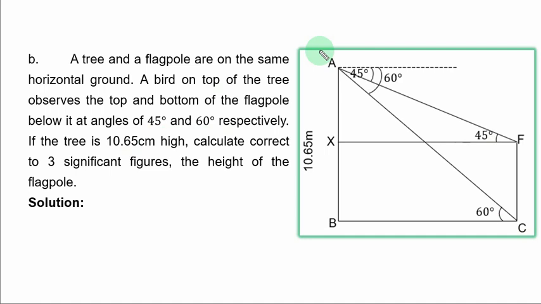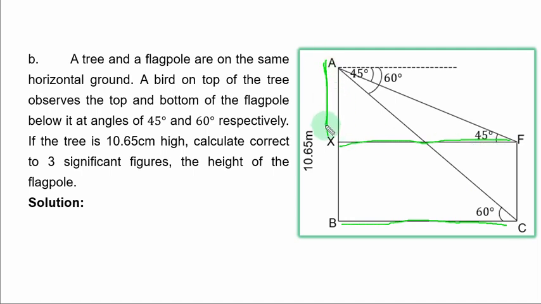One more thing to note is that before you can get this AS, you need FS, the whole of this length, and FS cannot be obtained until we get BC. So if you get BC, BC is equal to FS, and once you get FS, you can get AS.